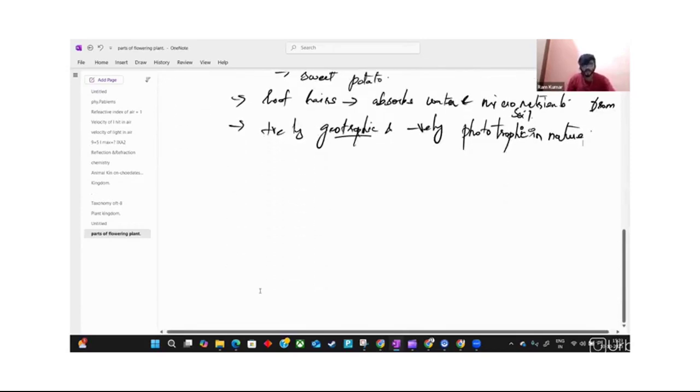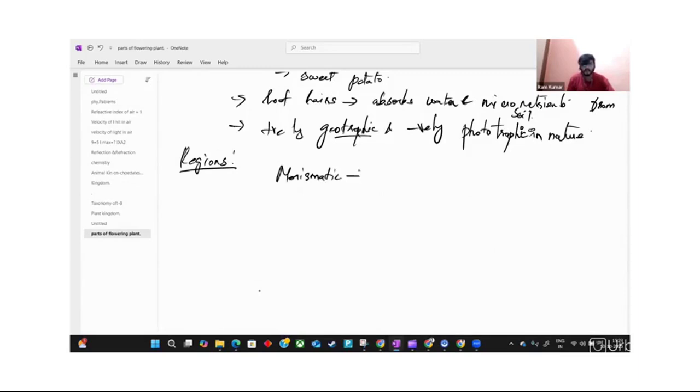There are three regions of the root. One is the meristematic zone, where new cells are generated.